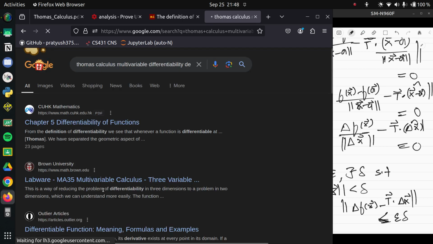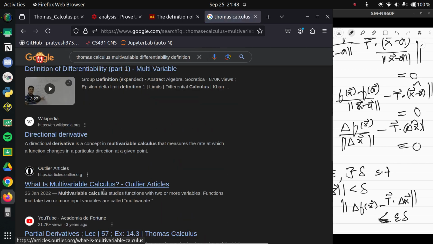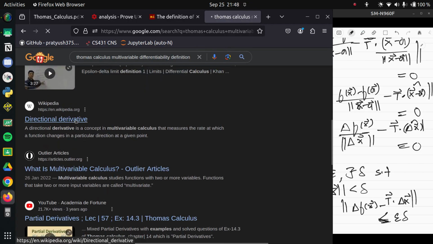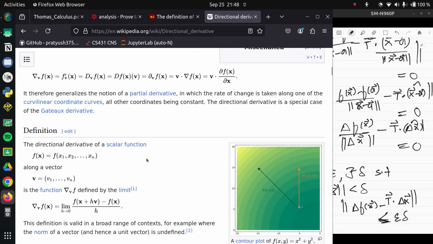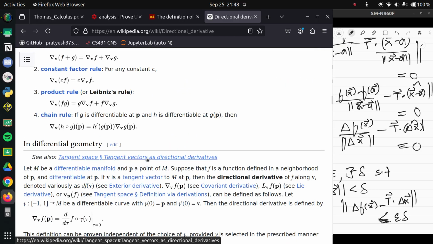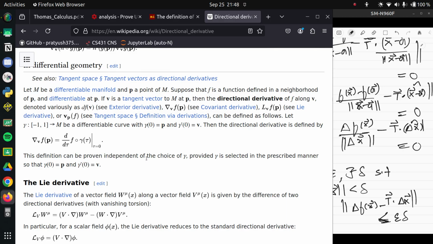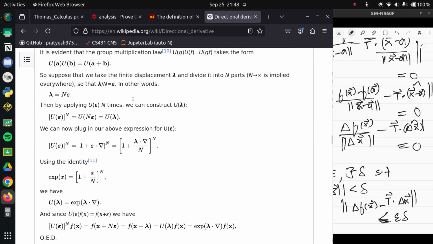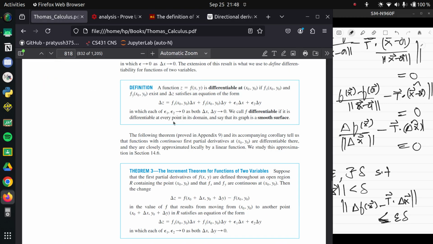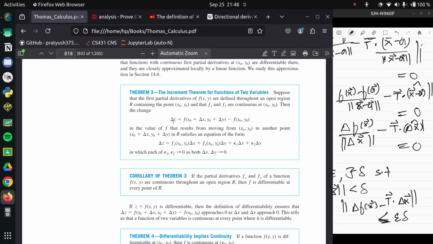No, I just do not understand. Maybe this will make sense. I've never seen this definition anywhere. That's the problem. Nowhere have I actually seen epsilon 1 and epsilon 2, and this book is using it everywhere. No, I don't get it. Why would you have epsilon 1 and epsilon 2?